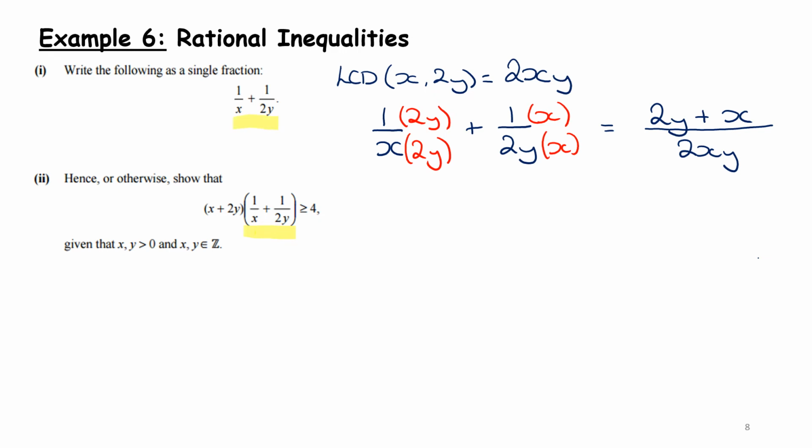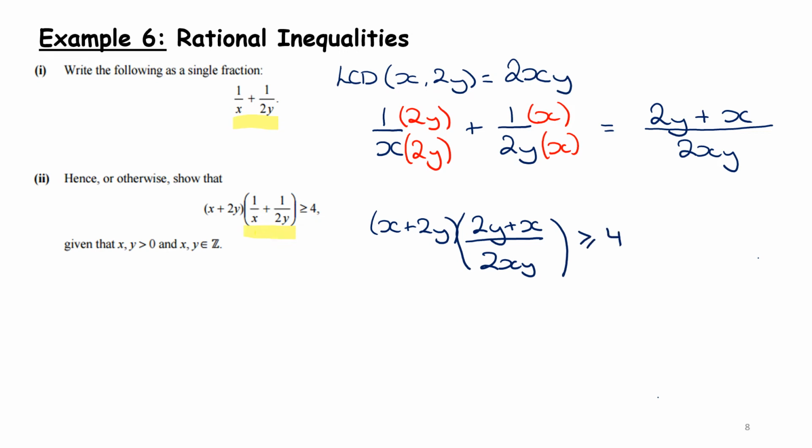We have the fractions here. So I'm going to use what I had. So I have x plus 2y times, instead of that fraction, I'm going to have 2y plus x all over 2xy is greater than or equal to 4.